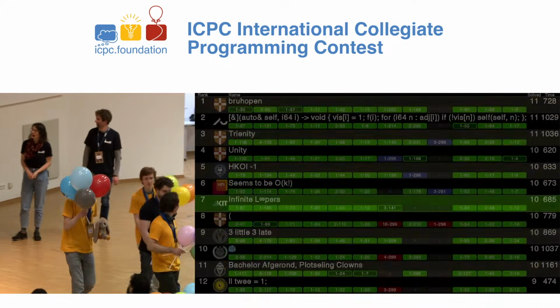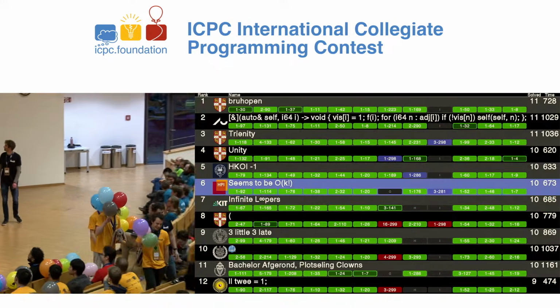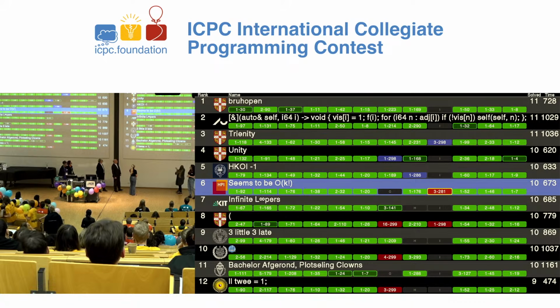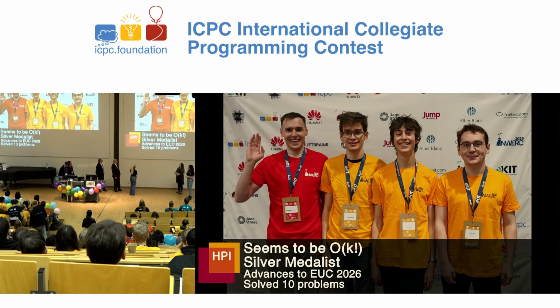Now, up to place number 6. Team seems to be okay wins a silver medal. Congratulations.